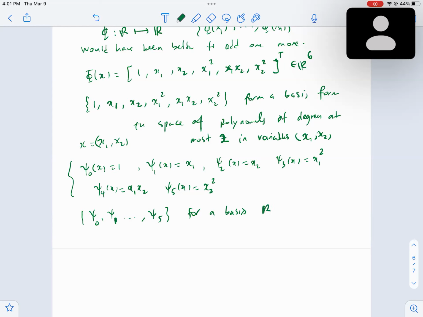Sometimes written like this: R[x1, x2], I forgot whether you put the 2 here or somewhere else.